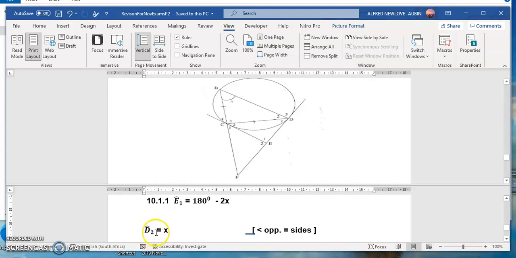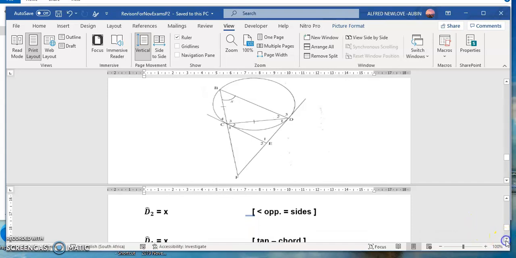First, we can say that D2 is equal to x. Where is D2? D2 is equal to x, and the reason is angles opposite equal sides, because this length is equal to that length, so this angle is equal to that angle.